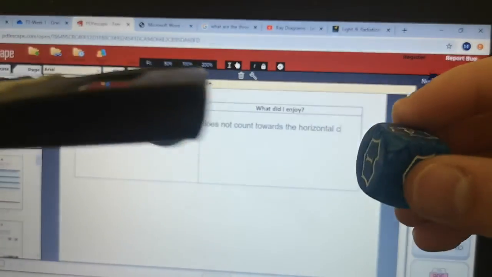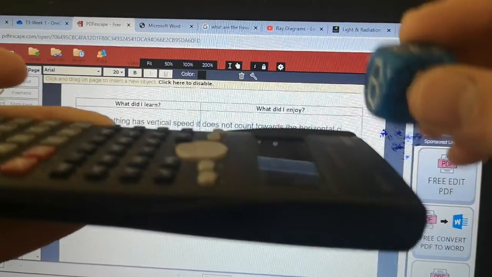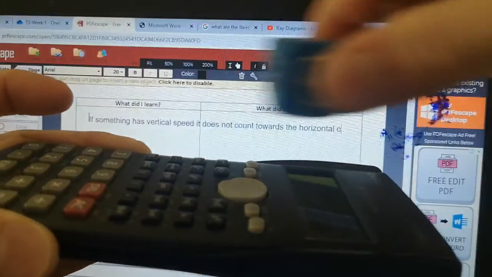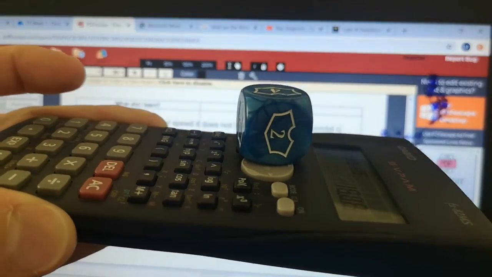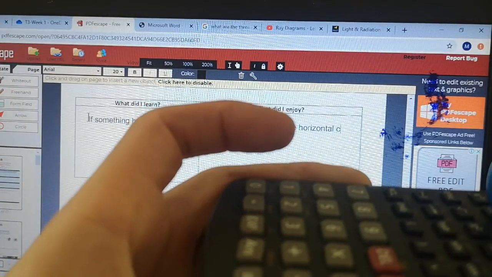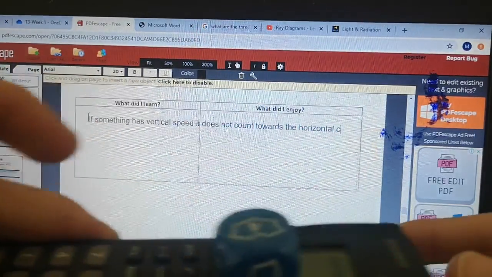These collisions are in one dimension that we analyze. So we consider how much it's moving this way only. It wasn't moving that way at all, it was only moving down until after the collision, when the cart picks it up.